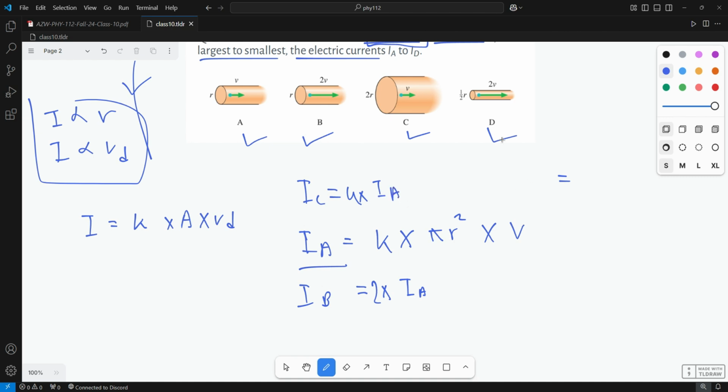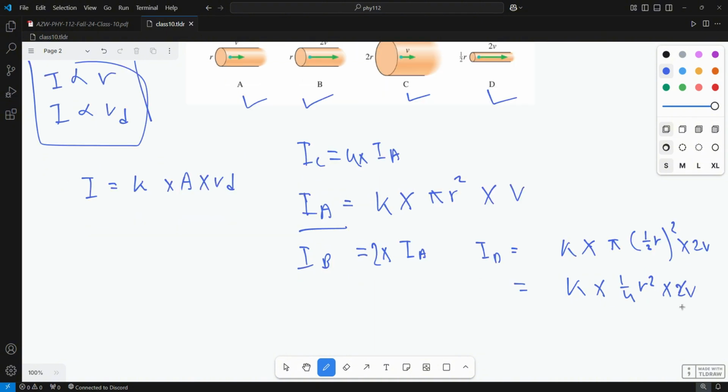Right? And for the last case, which is ID, we can write K times the area, which is pi, R is 1 by 2 R squared times 2V, which gives us K times 1 by 4 R squared times 2V.